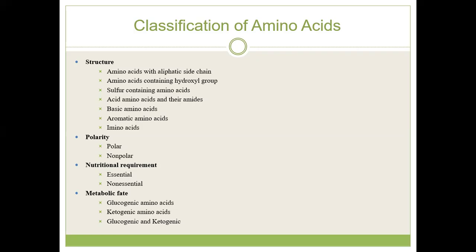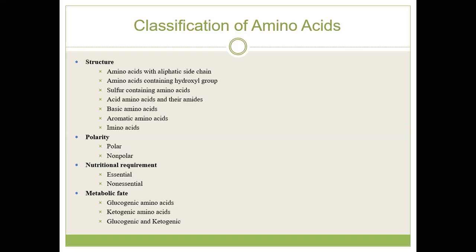The essential amino acids include arginine, histidine, valine, leucine, isoleucine, methionine, phenylalanine, threonine, tryptophan, and lysine. We'll see each and every one of these in terms of the names of the amino acids. And we have the non-essential ones that the body can produce, like glycine, alanine, serine, cysteine, asparagine, aspartate, glutamate, tyrosine, and proline. We also have what we call semi-essential.